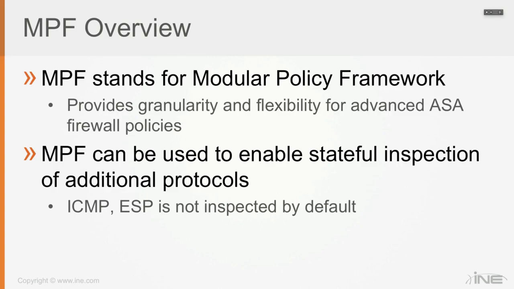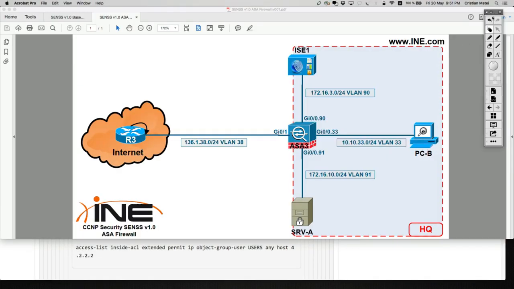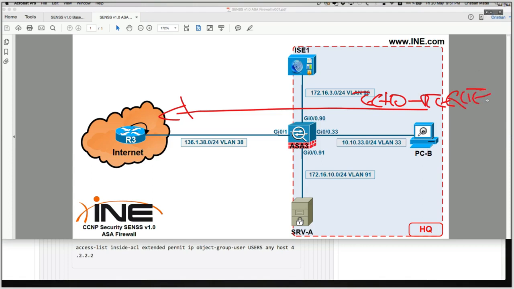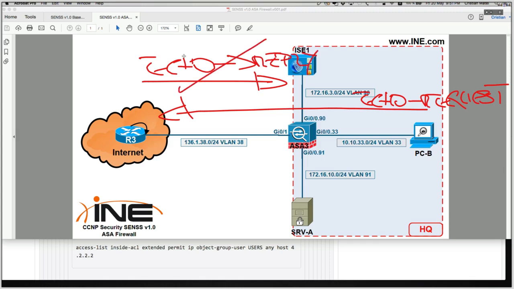Looking back at our diagram, even if traffic is allowed to flow high to low, 100 to 0, if it's of type ICMP and I send the echo request out, the echo reply is going to be dropped because by default ICMP is not statefully inspected. So if I don't enable ICMP inspection, the return traffic is going to be dropped.